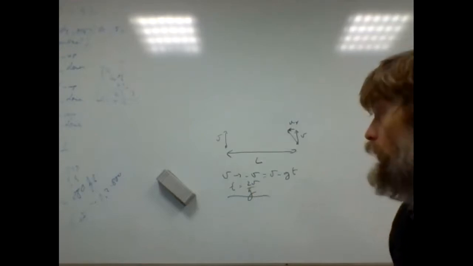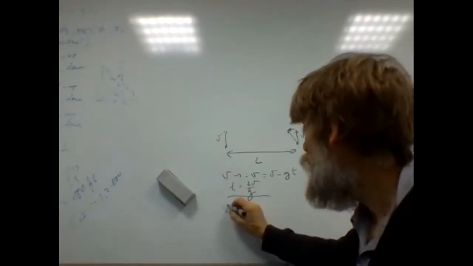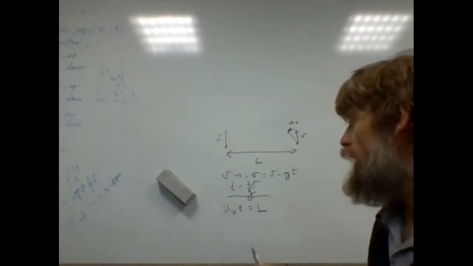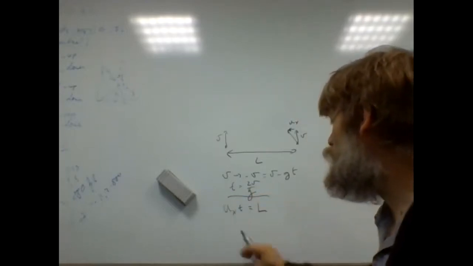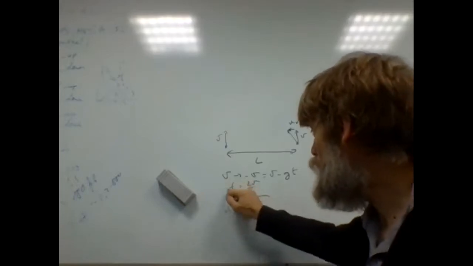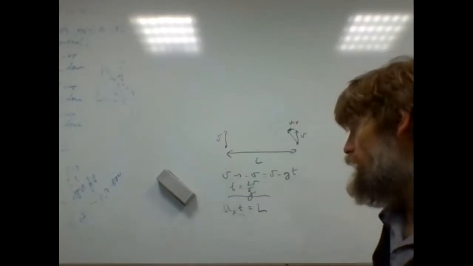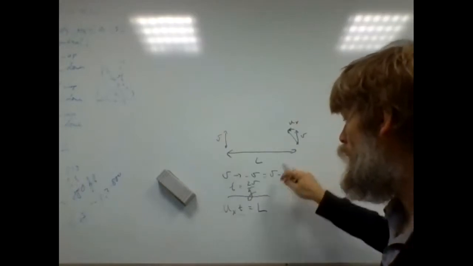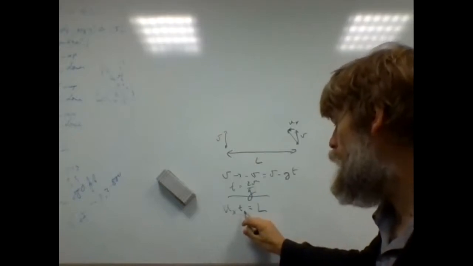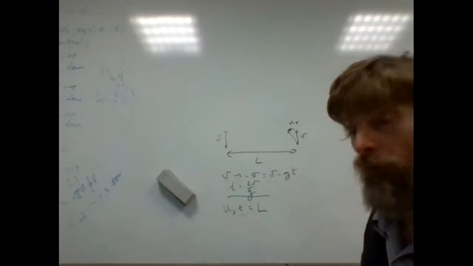So we have the condition that UX times T is equal to L. This is the shortest possible T, smallest possible UX. It needs to reach the other ball during the time T, which is the time during which the first ball is in the air.